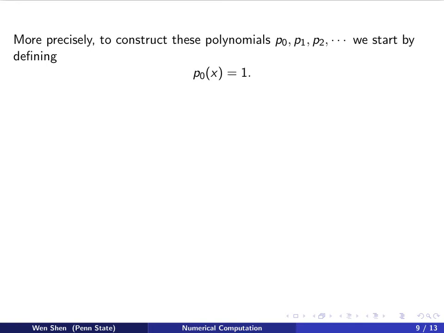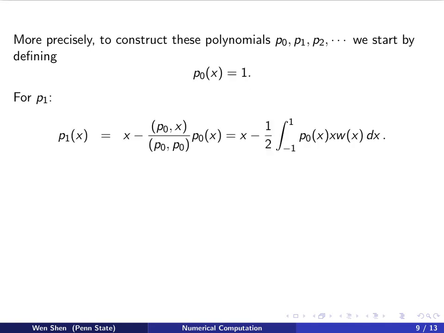So we need a starting point. We choose our first polynomial P0 at level 0 to be a polynomial of degree 0, which is a constant 1. Once that's chosen, you can use that to form the next polynomial, P1.